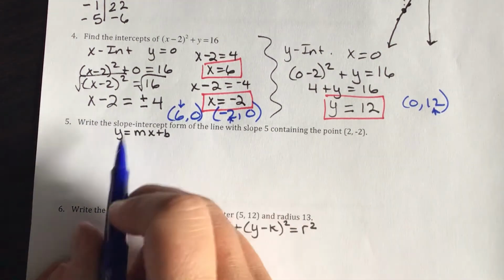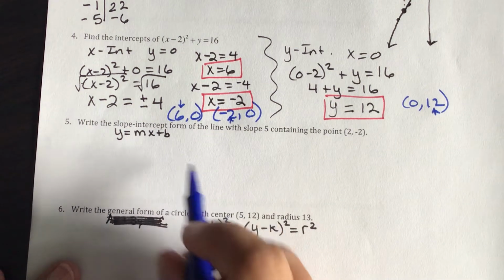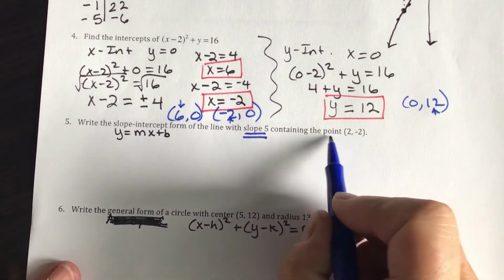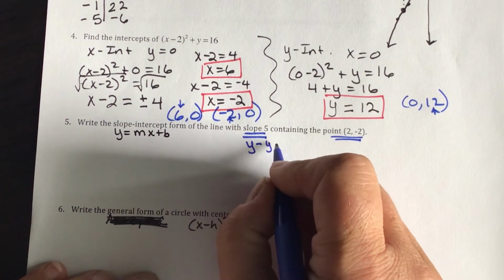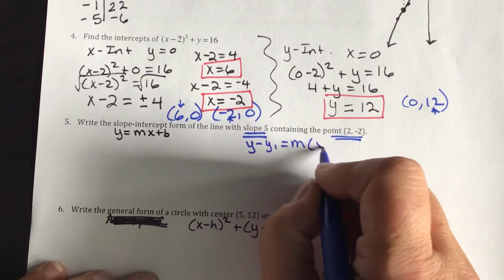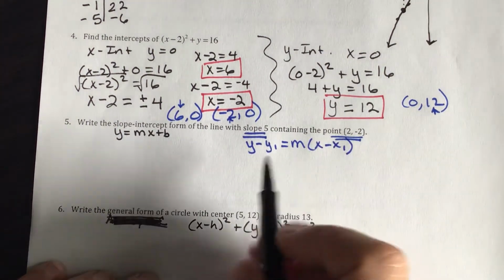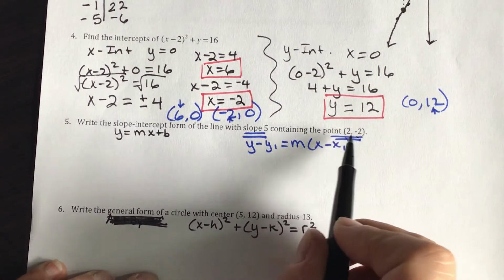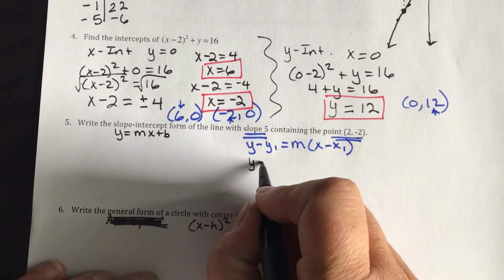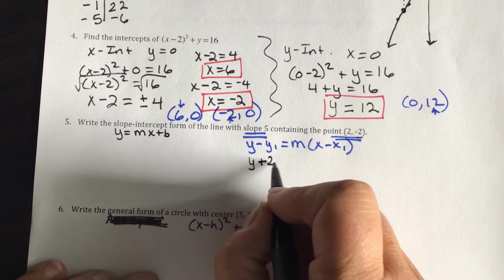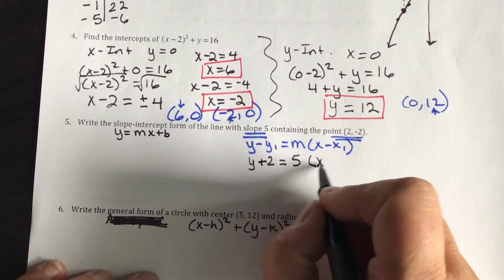So we want to end up with y equals mx plus b, but because we have a slope and a point, I'm going to start out with y minus y1 equals the slope times x minus x1, because I don't know the y-intercept, but I do know a point and the slope. So I'm going to plug in the values I know. Y minus -2 is y plus 2 equals my slope, which is 5, and x minus 2.